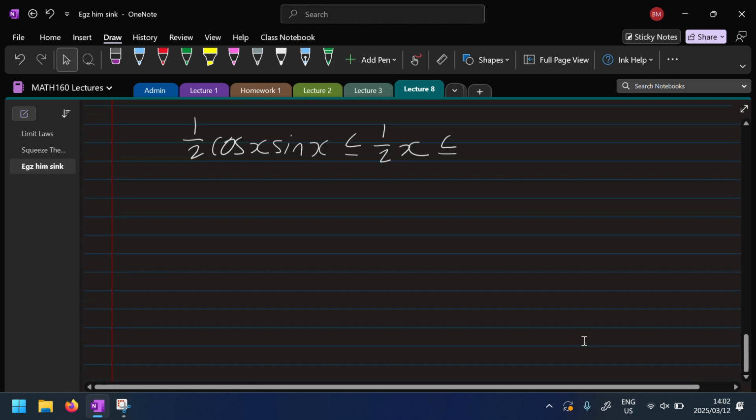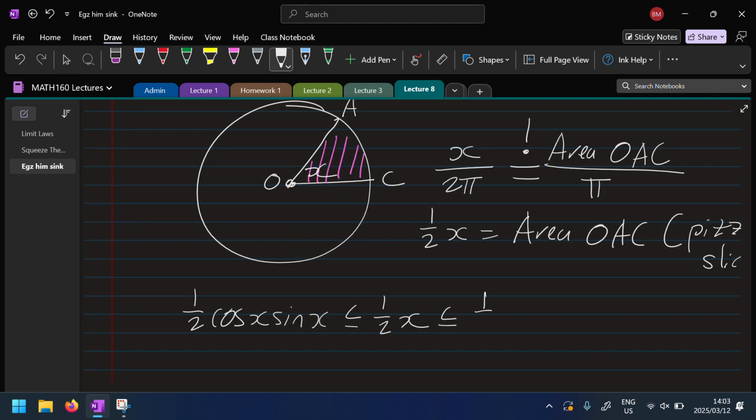So that was the largest area. All I did was I took the 3 areas and I put them in order. We got the smallest triangle first, pizza slice, and then the larger triangle. Everyone okay with that?